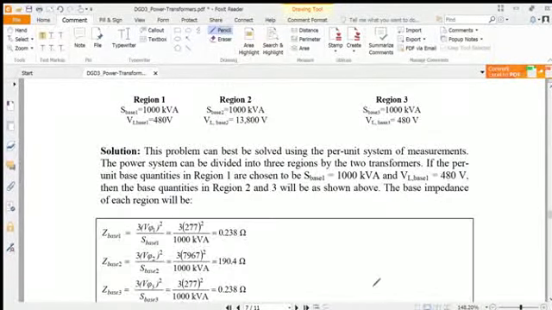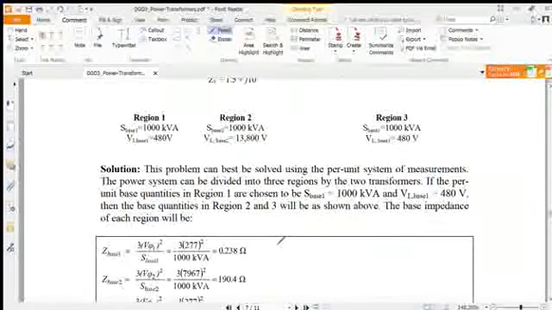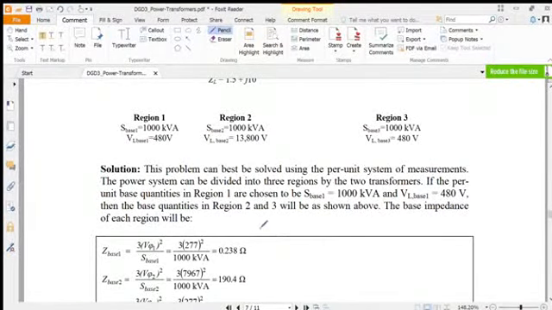First of all we have to consider the base values. For example, if we choose the base values in region 1, it's 1000 kVA in region 1 and the base voltage is 480 volts in region 1. So what is the base impedance here?